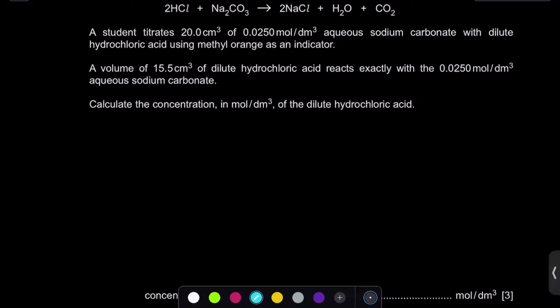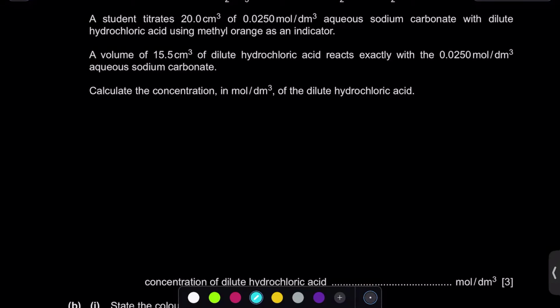Okay, a volume of 15.5 cm cube HCl reacts exactly with this much mole per dm cube aqueous sodium carbonate. Calculate the concentration of dilute HCl. Now, multiple ways of doing this. The easiest one is the titration formula that you simply know: CV over n of the first thing is equal to CV over n of the second thing. So concentration times volume.